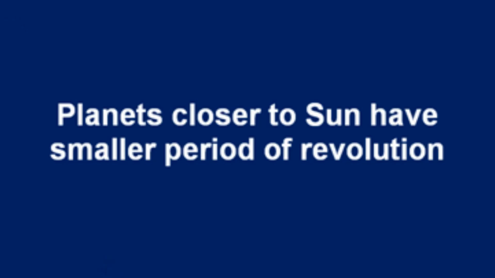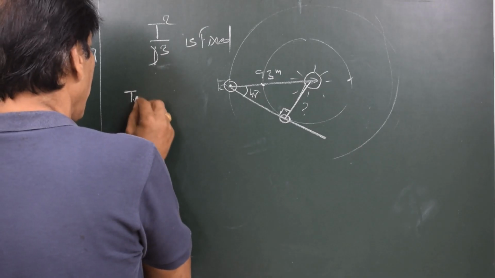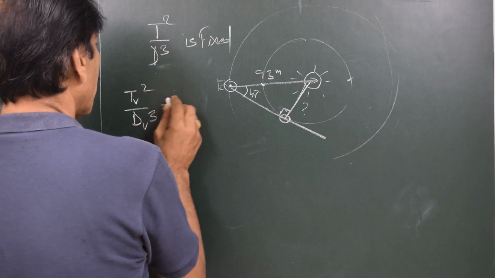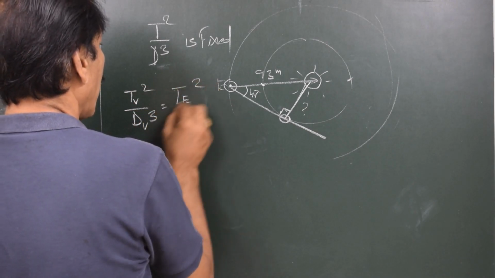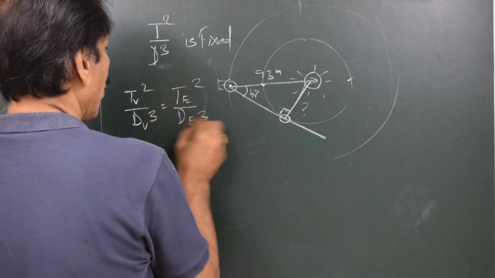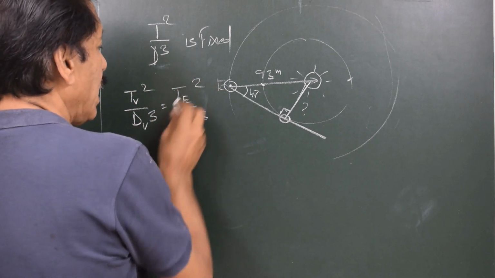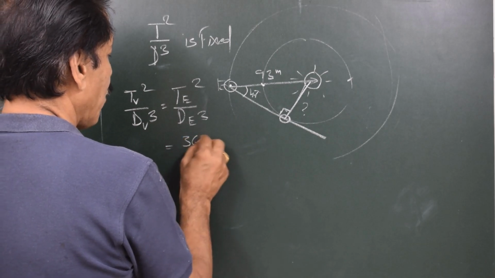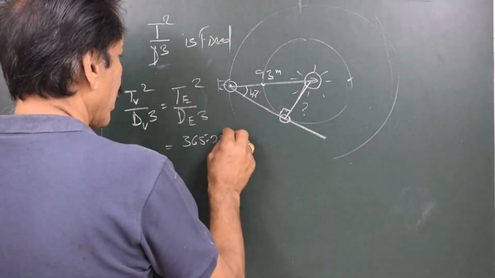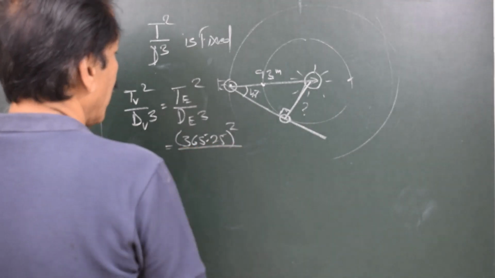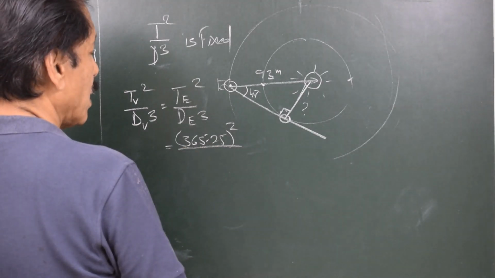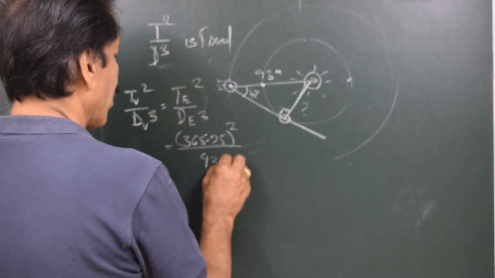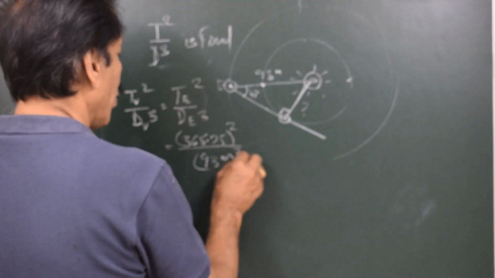This means that TV squared upon dV cubed is equal to TE squared upon DE cubed, where TE is the sidereal period of Earth, that is 365.25 whole squared, and DE cubed, the distance of Earth cubed, that is 93 million cubed.